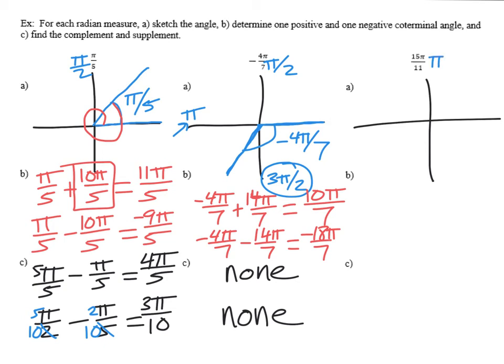All right, last one. Here's pi over 2. All right, so 15 pi over 11, right? Past pi over 2, past pi, it's bigger than pi. Question becomes, is it bigger than 3 pi over 2?